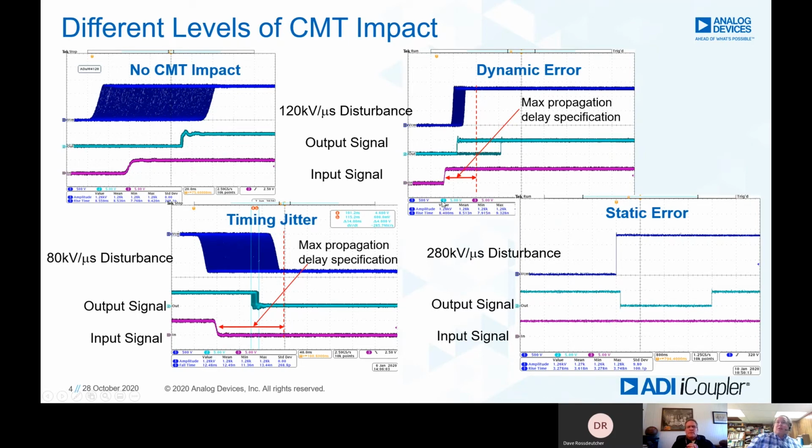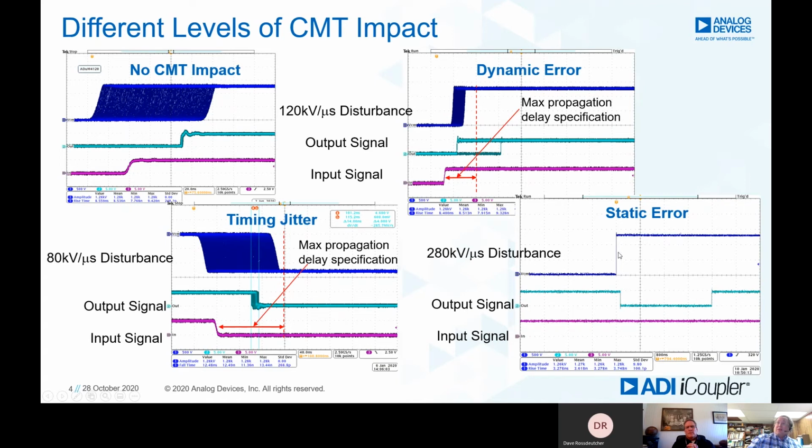Here, the time scale is zoomed out, but basically we're having a disturbance that occasionally causes the gate driver to misperform, and when you hit it at the right time, the propagation delay falls outside the timing specifications. So this is a progression, and if you really hit the part hard and it can't take it, you can induce what's called a static error.